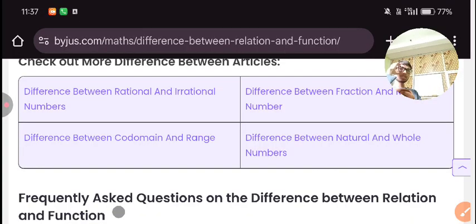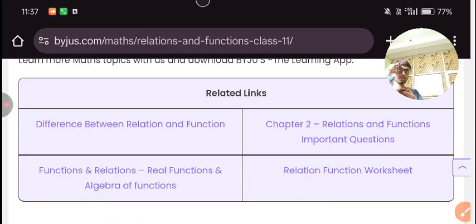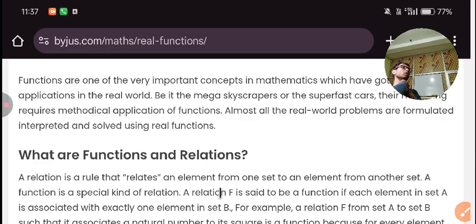Now next, let's see relation and function important questions, relation, functions and algebra. What are functions?